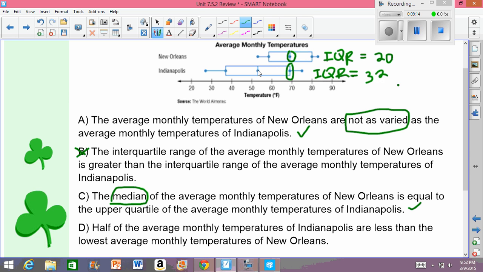So it says half of the average temperatures of Indianapolis are less than the lowest average temperatures. Okay, so here's our lowest average temperatures for New Orleans. So they're down here. And if we're looking at half of our data, that goes to up here in Indianapolis. So this is also a true statement.